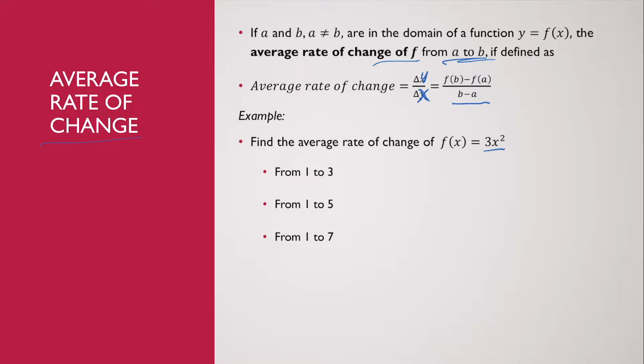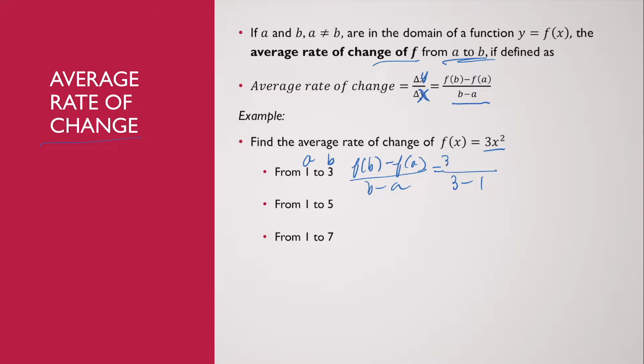So here I have a quadratic, f of x equals 3x squared. I'm going to calculate as we go the average rate of change from 1 to 3, 1 to 5, and 1 to 7. So 1 is our a and 3 is our b. If I take f of b minus f of a over b minus a, that gives me 3 minus 1 in the denominator.